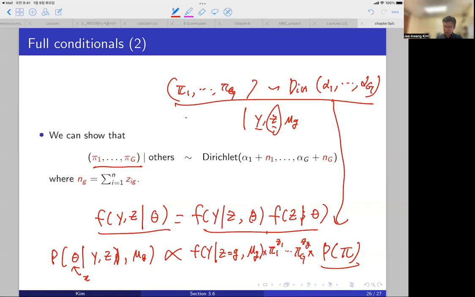So this is the joint density part, and this is the likelihood part. This is the prior part.